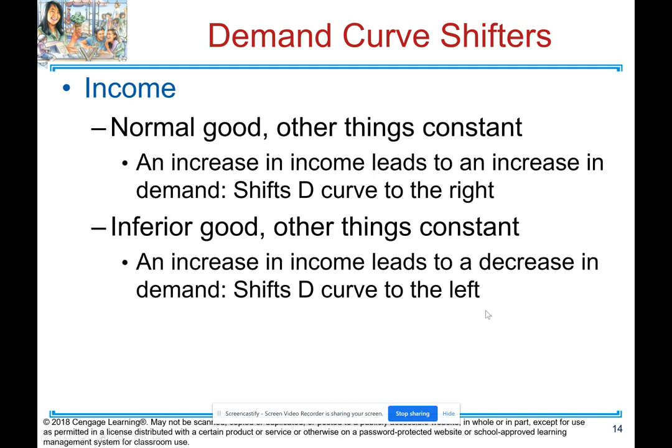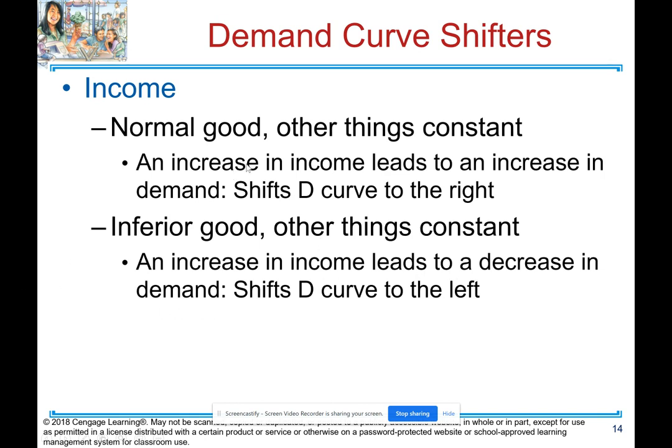Income is the second determinant of demand. When we talk about income, it is important to distinguish the kinds of goods consumers purchase into normal and inferior. For normal goods, other things constant, an increase in income leads to an increase in the demand, and that shifts the demand to the right. For an inferior good, other things constant, an increase in the income leads to a decrease in demand.